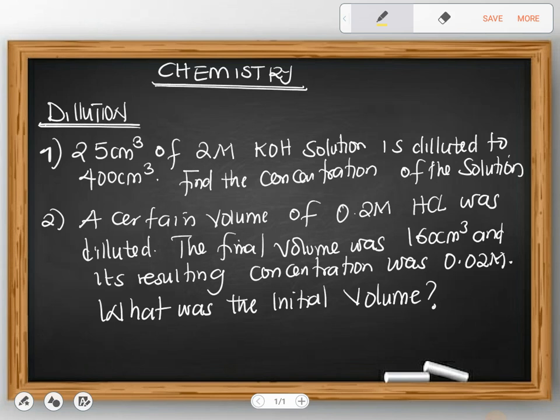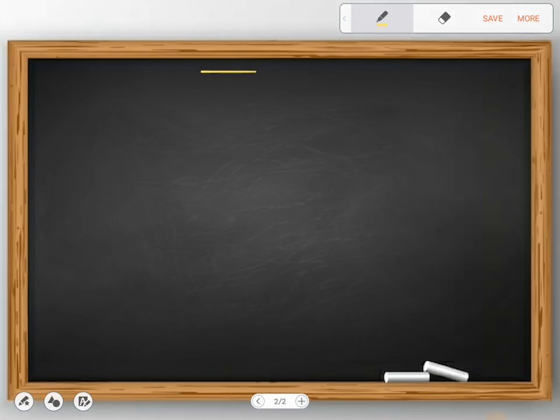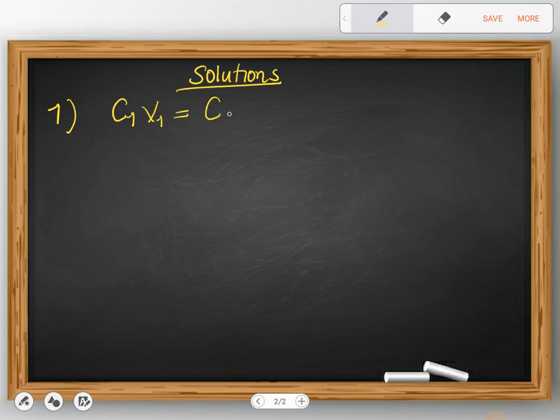So in both questions, we are using the equation of dilution, and it's quite easy. I'll show you. So for question 1, the equation of dilution is: initial concentration multiplied by the initial volume is equal to the resulting concentration times the resulting volume.